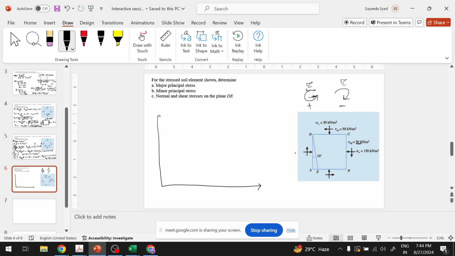So if you see, this is clockwise, this is negative, this is minus 50.